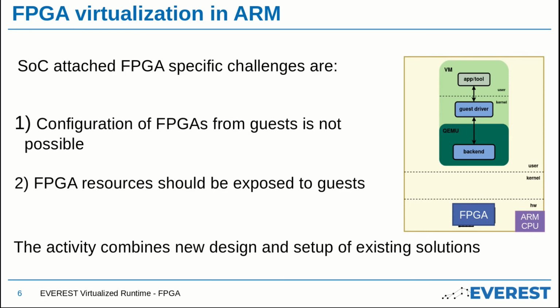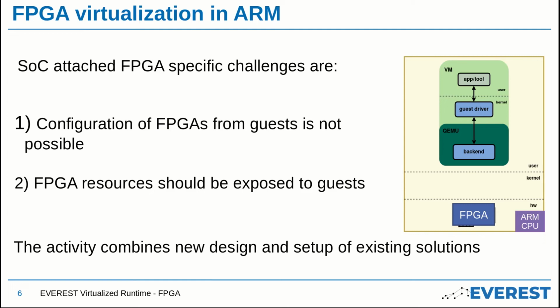There are many challenges in what concerns the FPGA virtualization for ARM. When we talk about FPGA virtualization, this means to provide a way for the FPGA APIs and resources to become available for virtual machines. One way to see the problem is to describe it as twofold. In the end, guests should be able to both program and make use of the FPGA resources.